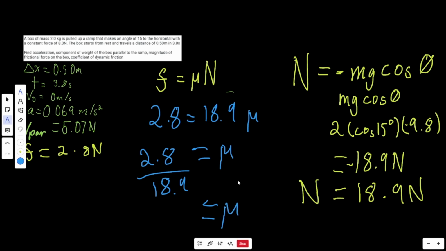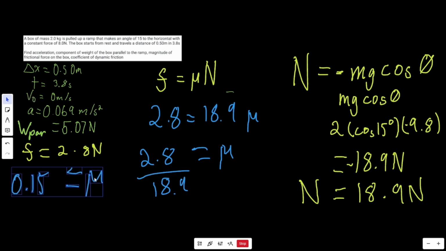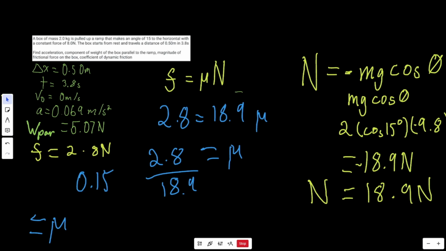Let's double check that just to be sure again. Divided by 18.9. Yes, 0.1481481 repeating. So two significant figures again, 0.15. So our final answer for this one is 0.15. That is the coefficient of dynamic friction.